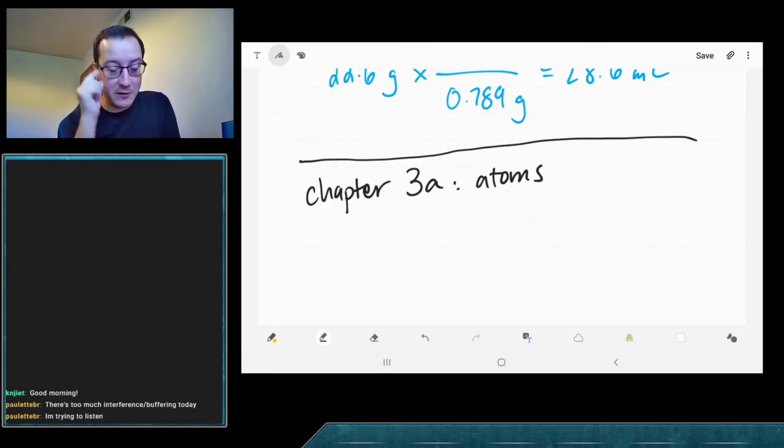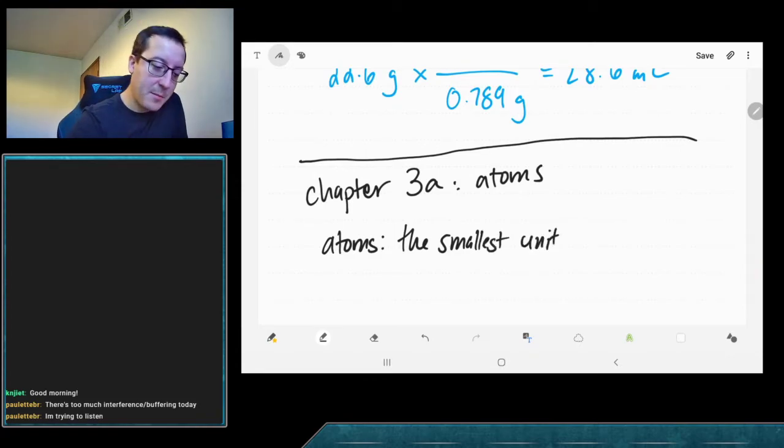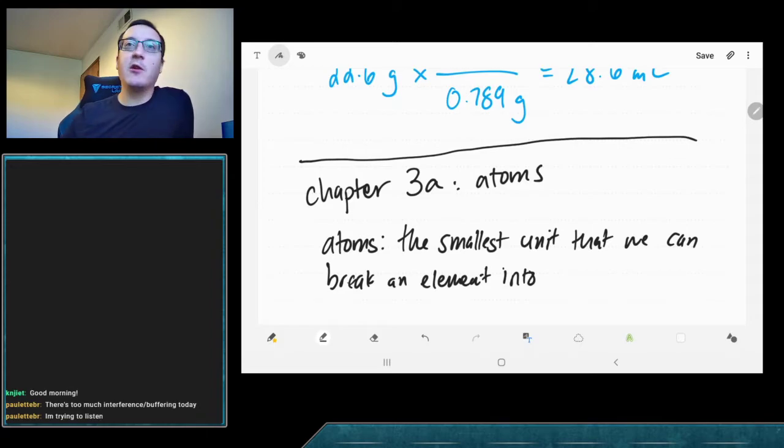So you've probably learned before that atoms are kind of the smallest unit that we can break something up into. So if we had a piece of copper, copper wire or whatever, it's a pure substance, right?